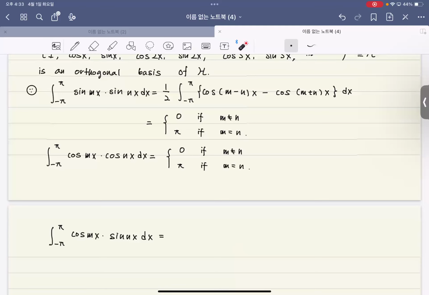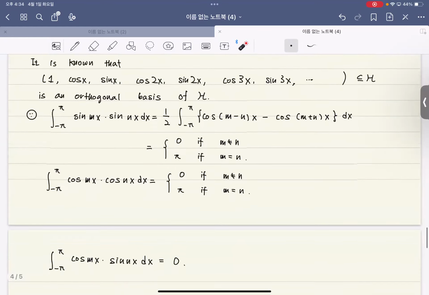Therefore, no matter the indices m and n, they are automatically equal to 0. So this equals 0. Okay, so taking a look at these three integrals, now I realize that these are indeed orthogonal vectors.